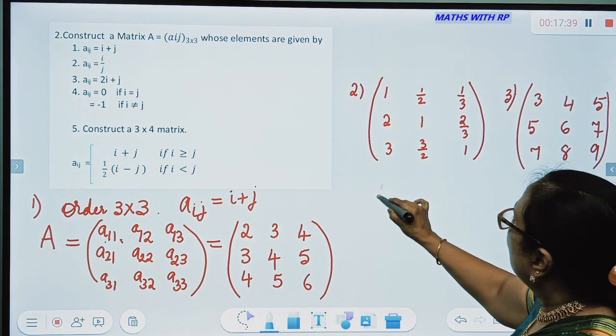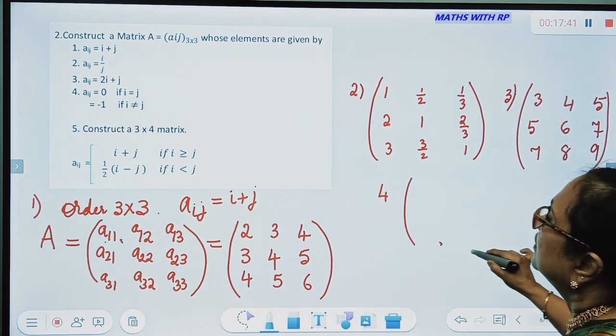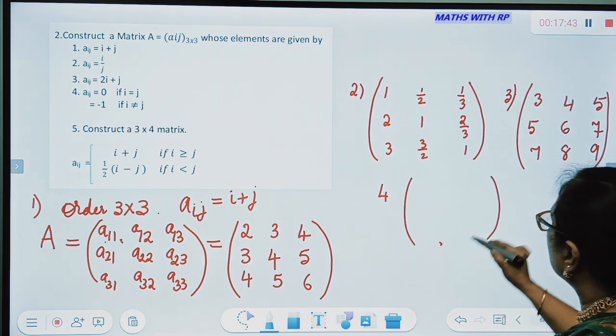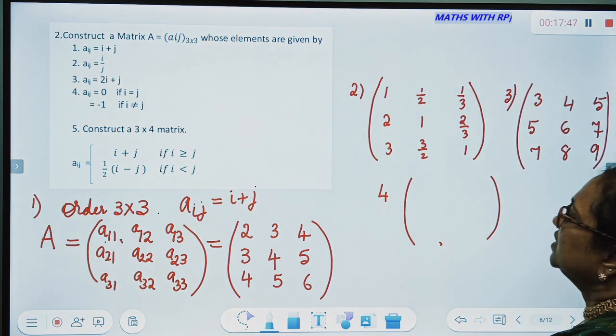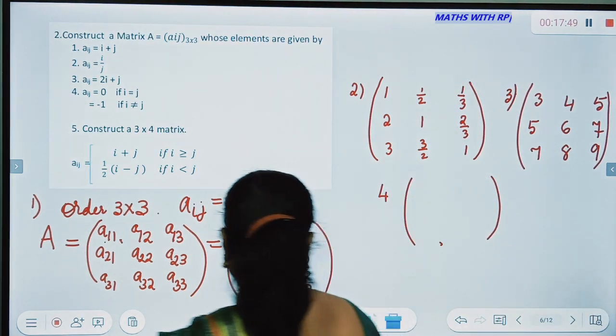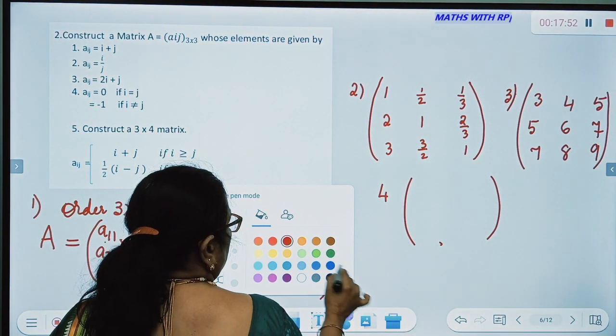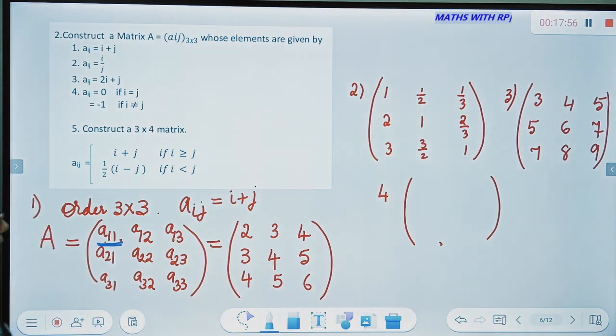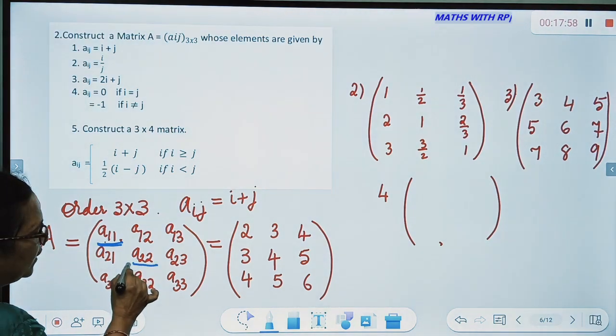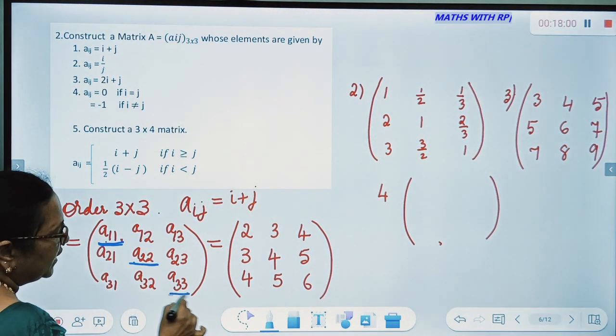So now look at the fourth one. This is also 3 by 3. It is 0 if i equal to j. When is i equal to j? See, here you can see A11, i equal to j. So A22, i equal to j. A33.